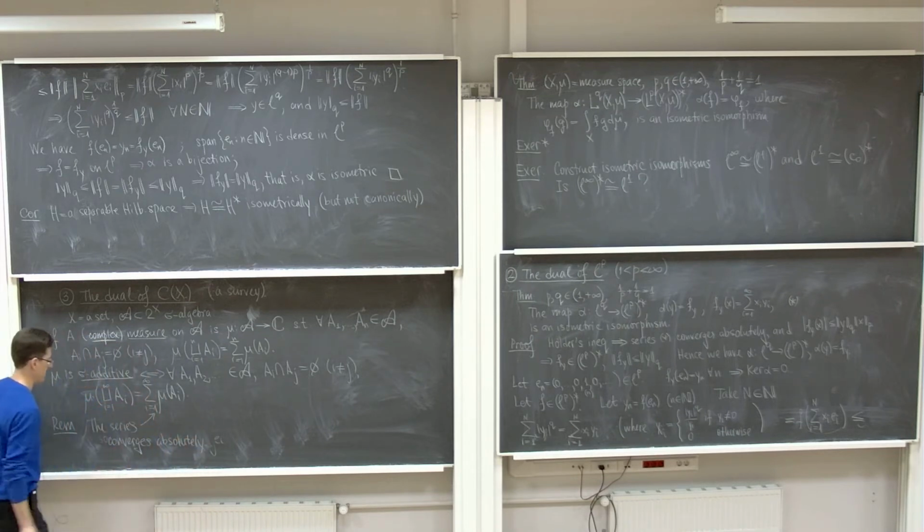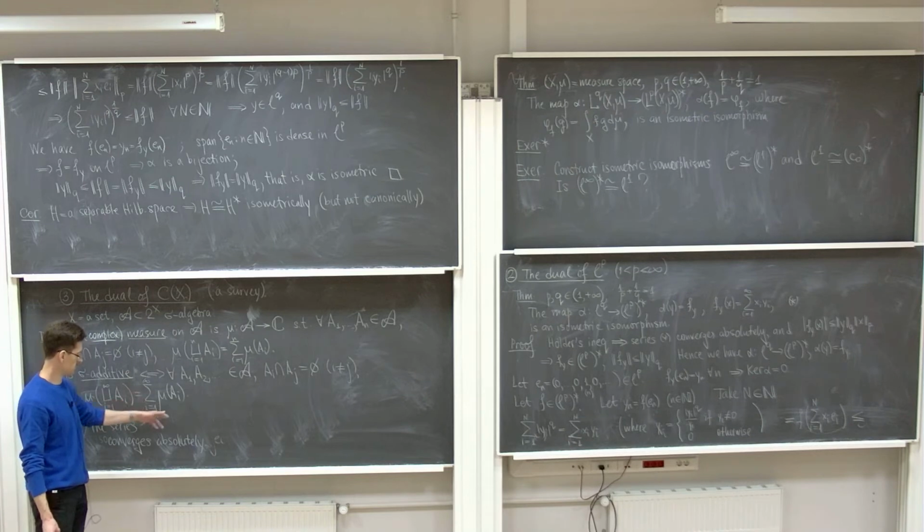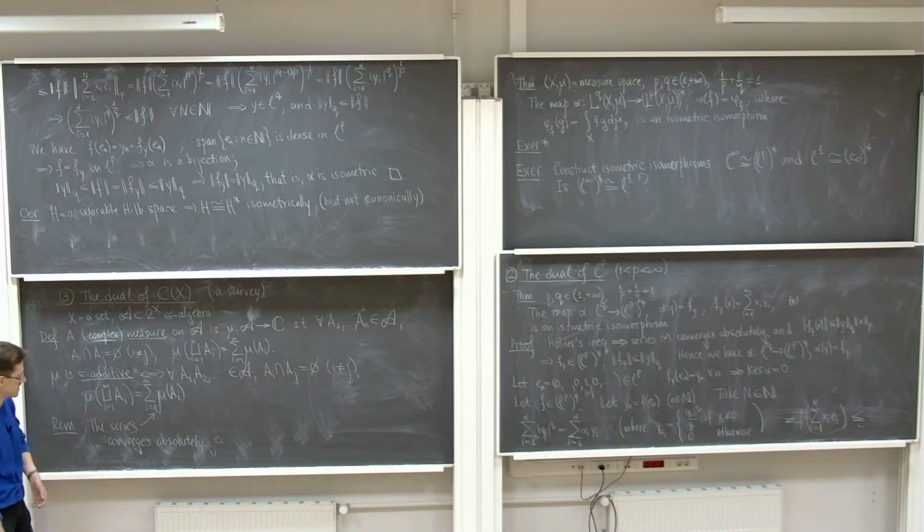Actually, this is automatic from our definition, because the left-hand side of this equality doesn't depend on the order of the sets A_i. So this series converges independently of the order of its members, and this is equivalent to saying that it converges absolutely.